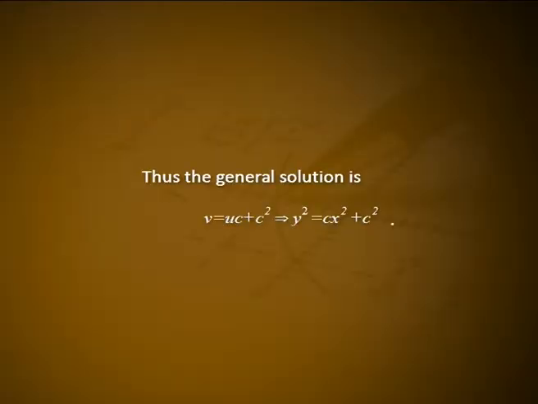Thus, the general solution is v is equal to uc plus c squared, which implies y squared is equal to cx squared plus c squared.